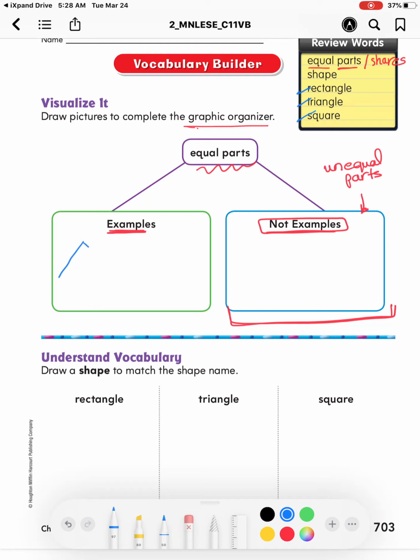Okay, so if I draw a triangle like this and I cut it into two, this is an example for equal parts using a triangle. Let's draw a square.